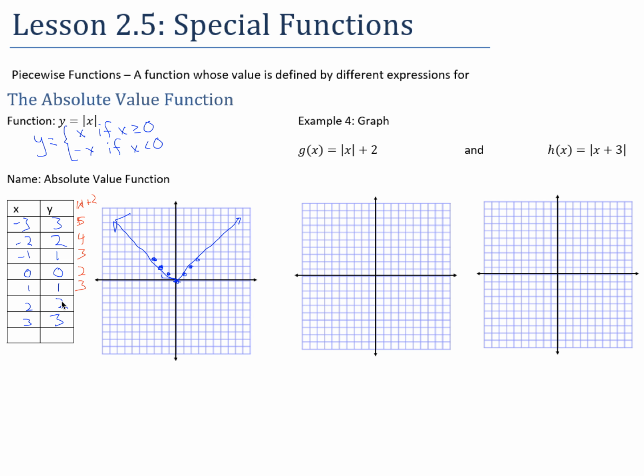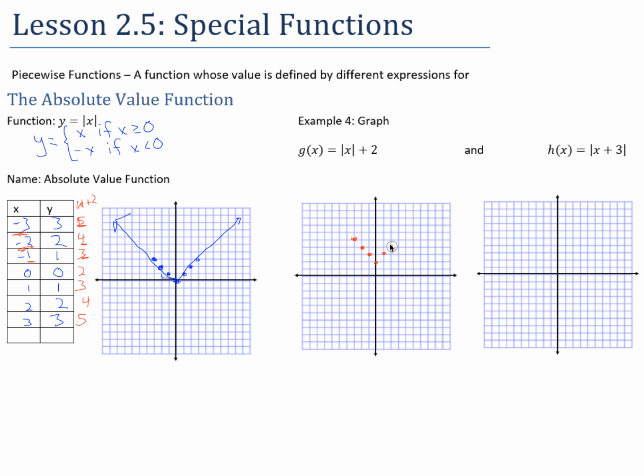Absolute value of 2 is 2, but then we add the 2, which is 4, and 5. So we're going to graph -3, 5, and -2, 4, and -1, 3, and 0, 2.